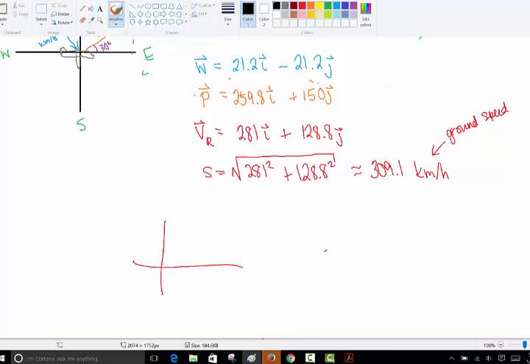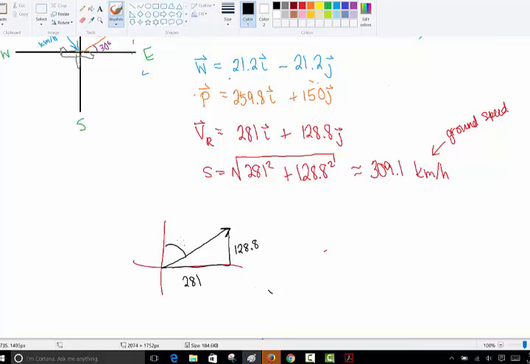Let me do this in a different color so it shows up. So this is 281 units, and then we go up 128.8. So that's like the resultant velocity vector, and here are its horizontal and vertical components.